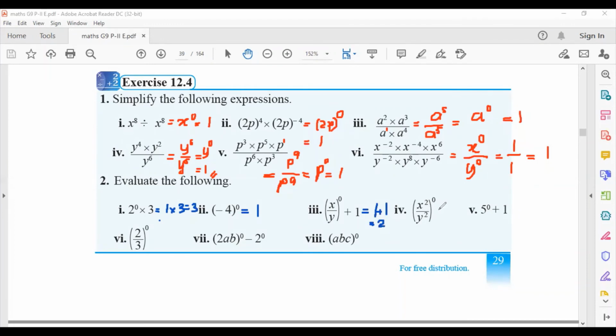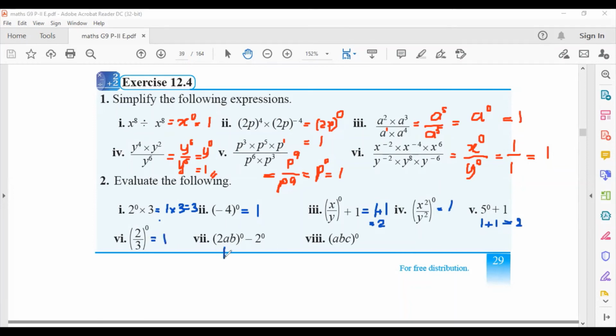Here, no need to simplify. Any number except 0 to the power 0 is 1. Here, 5 to the power 0 is 1, plus 1. 1 plus 1 is 2. Here, no need to simplify. Any number except 0 to the power 0 is 1, according to the laws of indices.